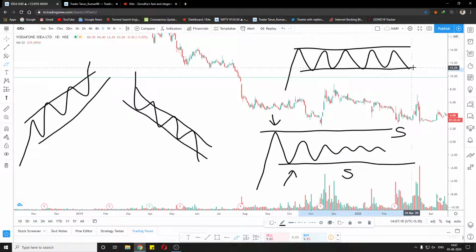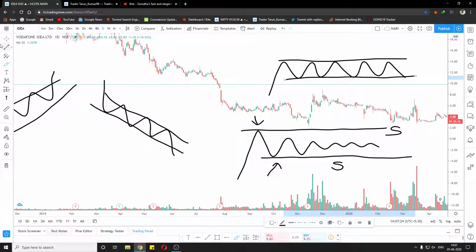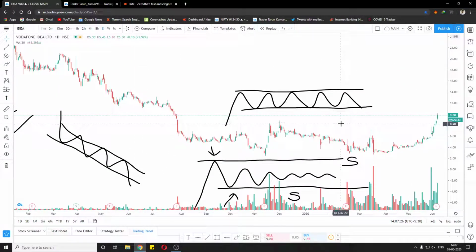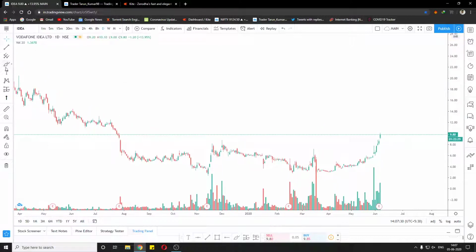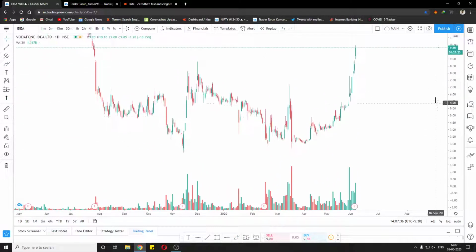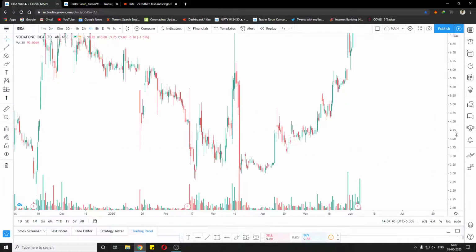That is why support and resistance is very important, because after this the market will move very fast, because of the target, as we discussed in the previous video, that if this share wanted to go from this to this level, let's go to a smaller time frame.